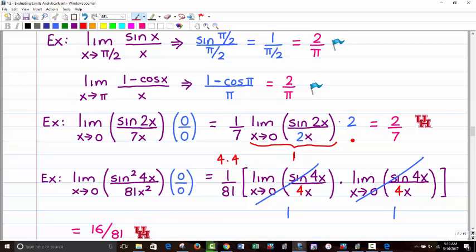You're still multiplying by 1. But then by putting a 2x here, I can clearly say by definition that equals 1. And then I'm left with a 1 over 7 and a 2, and multiply together to be 2 over 7. But now that you see how this works, you don't have to really worry about doing all that.